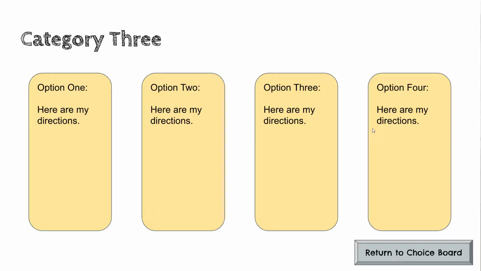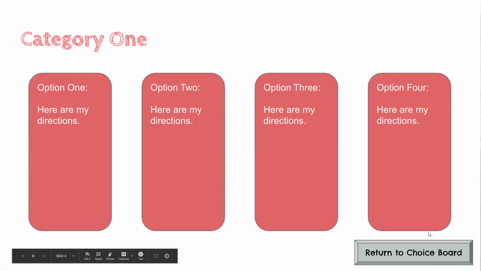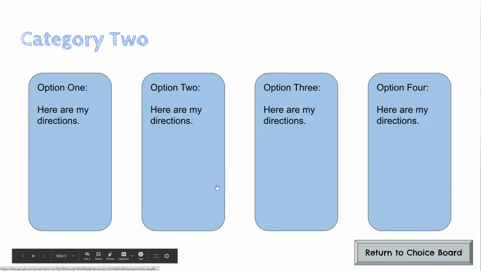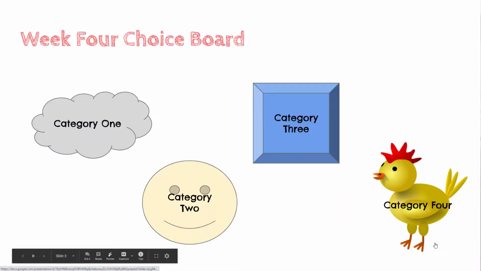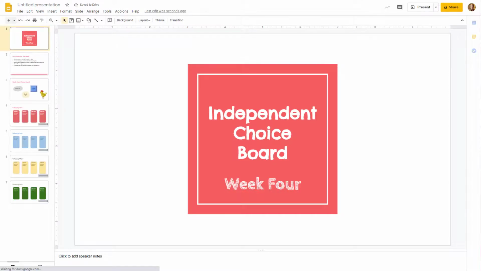Here's my topics. So I'm going to click 2 of these optional activities. I can return to the choice board, click category 1, there's my category 1, category 4, and category 2. So you see how that works. Now, I'm going to go back to edit mode so that you can see what's happening next.